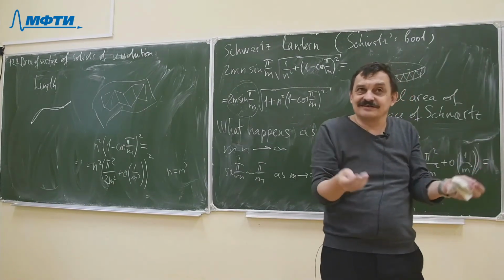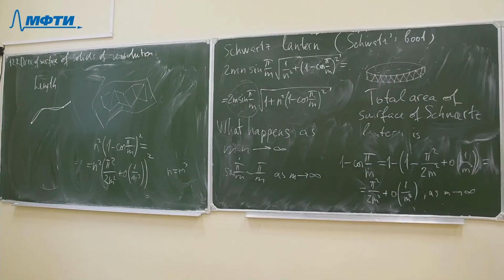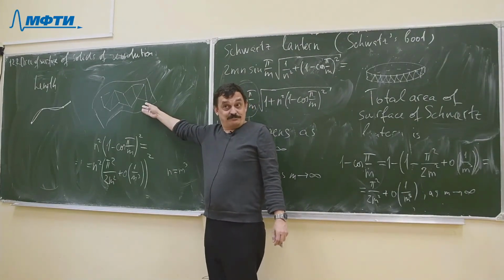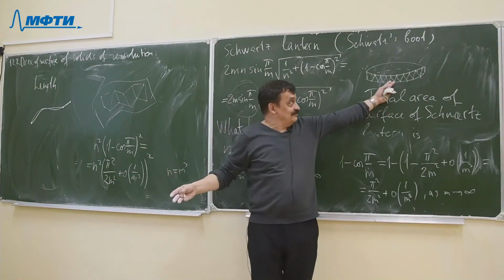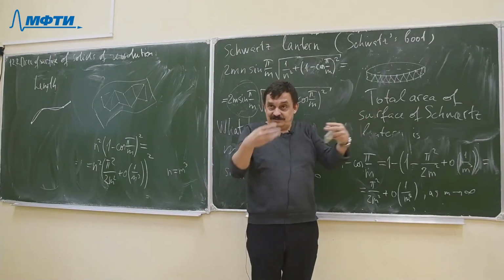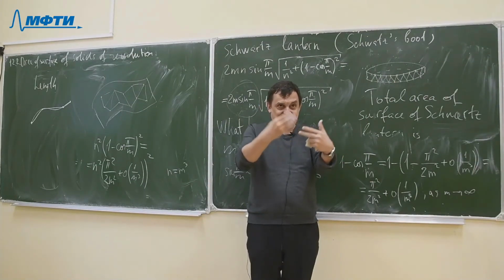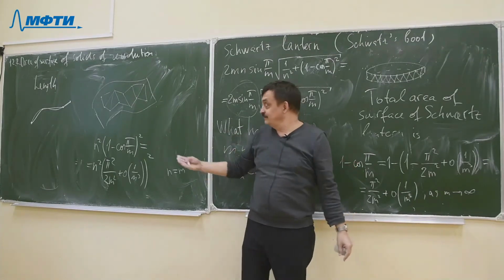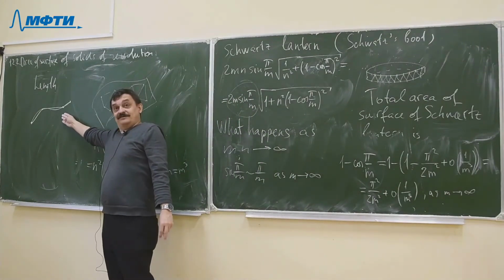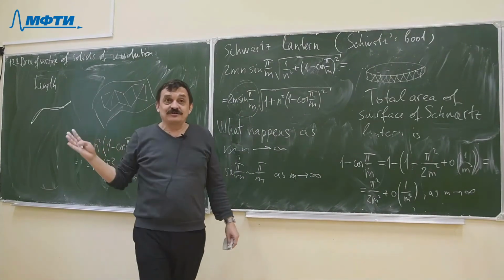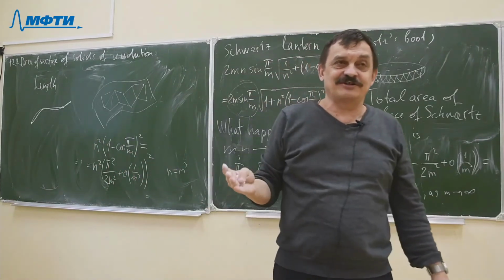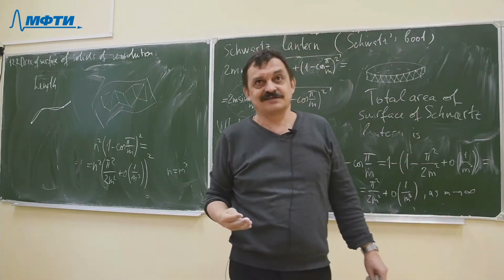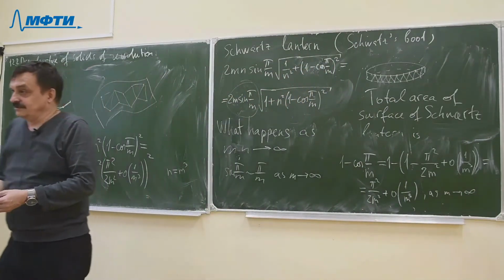So it means this attempt to define the area of a surface as an inscribed, and you see, the Schwarz lantern is an inscribed polyhedral surface, which is inscribed into our surface, right? Geometrically it seems a very good definition, but it is not. Geometrical intuition doesn't work here, as this example of the Schwarz lantern shows.